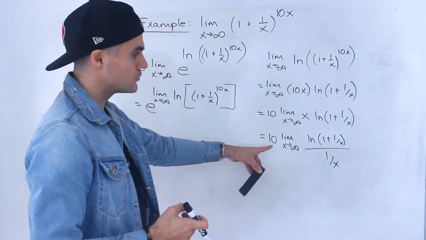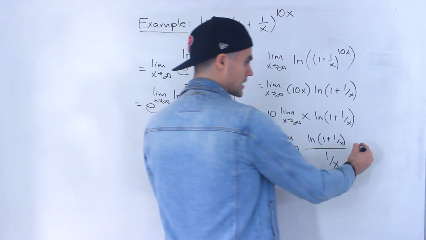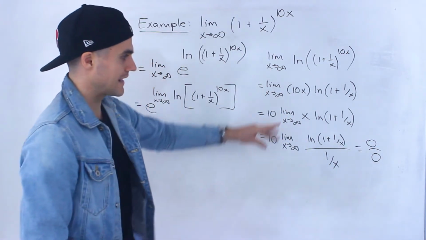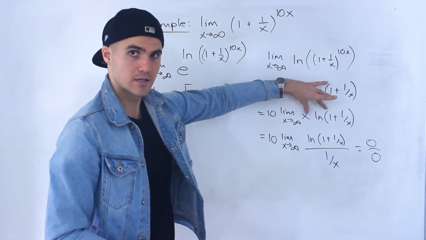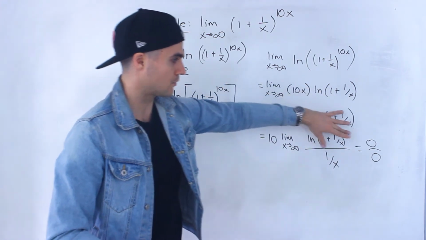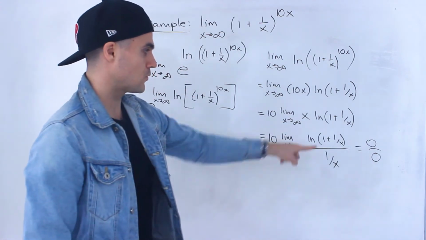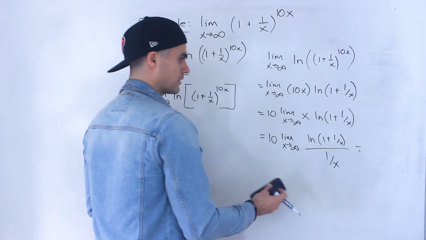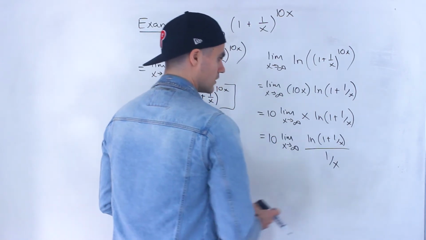And so now if we do a direct substitution, we're going to have 0 over 0. So we took an indeterminate product and converted it to an indeterminate quotient, 0 over 0. And now we can apply L'Hopital's rule.